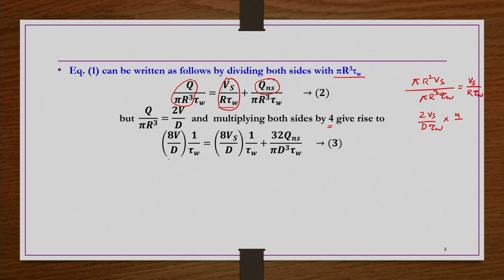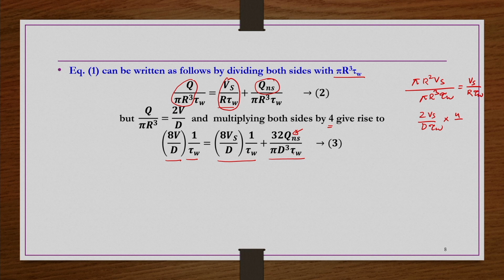So, the left hand side is 8 V by d multiplied by 1 by tau w, which equals 8 Vs by d times 1 by tau w, the first term in the RHS, and then the second term in terms of d is 32 Qns by pi d cube tau w, and Qns we found is a constant. In terms of equations also it comes in terms of tau w, that is what we have seen.